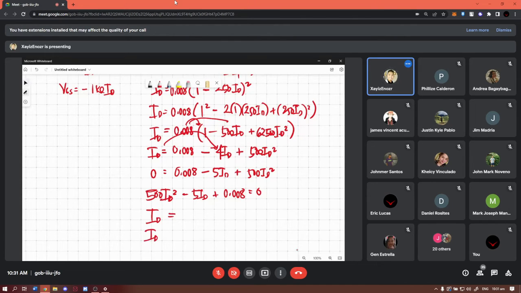O, ilan yung ID natin? Yung dalawang values yan. Pakisabi? 8 milli tsaka 2 milli.